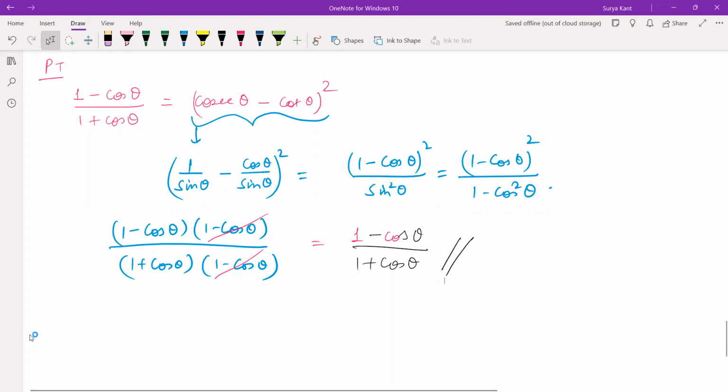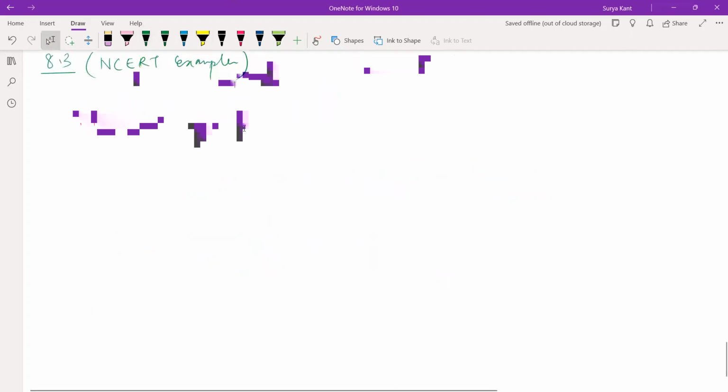Exercise 8.3, NCERT exemplar. Question number 2. Okay, question number 2 we are doing over here.